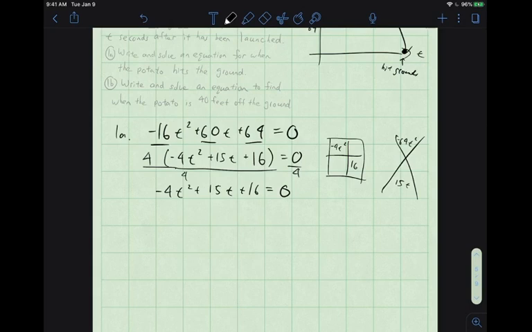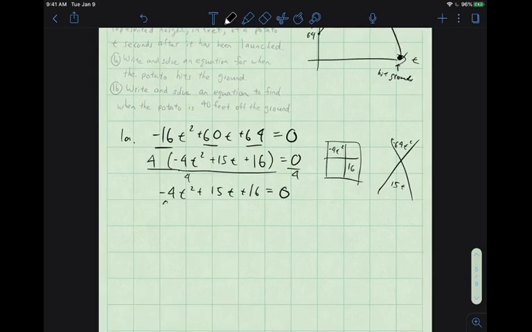Thinking about the factors here. And if the factors don't come to us, well then we always have our quadratic equation. It looks like we're out of luck. I don't think there is anything here that will get us to 15t. So it looks like this one's not factorable.